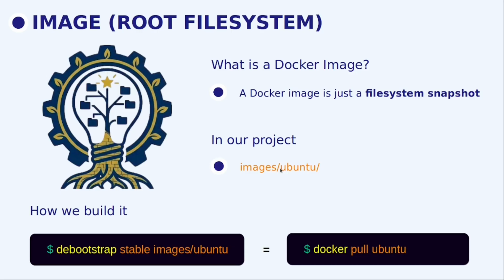That folder itself is the image. How do we build it? We run this command. This command downloads a minimal Linux filesystem and is equivalent to this. So when you build an image, you are basically downloading a filesystem.